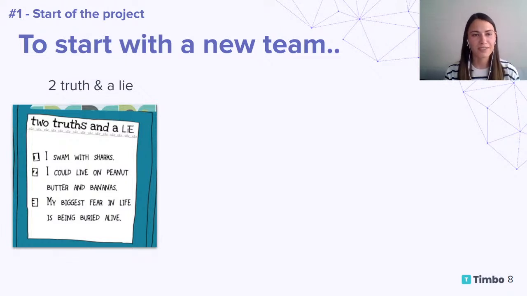I'm sure you might have played it somewhere with your friends, but it can also work for starting your first retro. You can ask every team member to write 3 facts about themselves. 2 of them are going to be truth and 1 is a lie. And then everyone simply tries to guess which one is a lie.